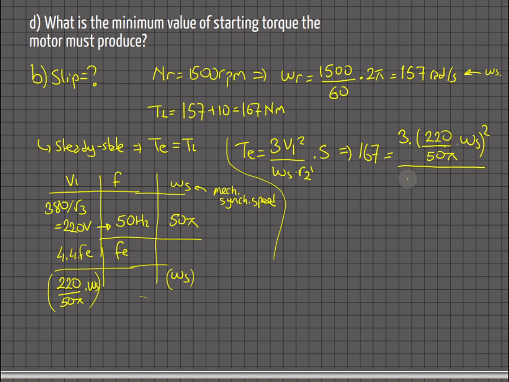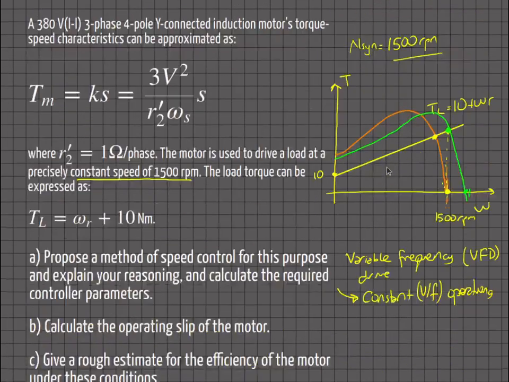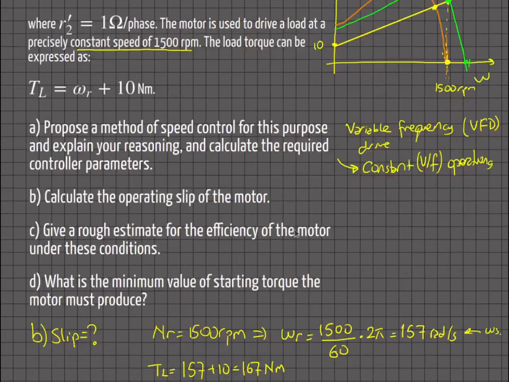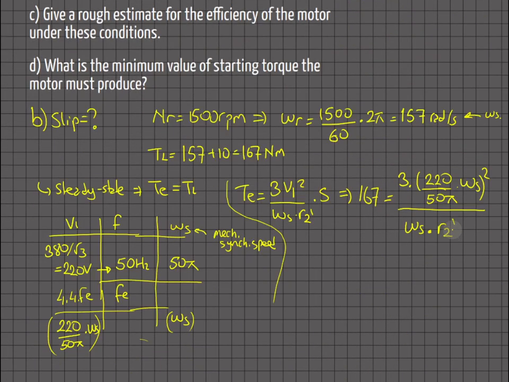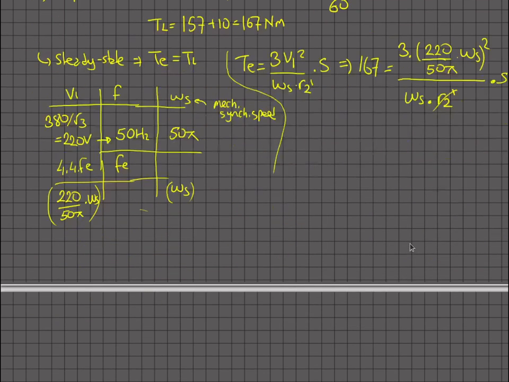I have omega s times R2 prime, and actually R2 prime is given as 1 in this question, so I can eliminate that one. So this is slip. Let me write everything here on a new page.